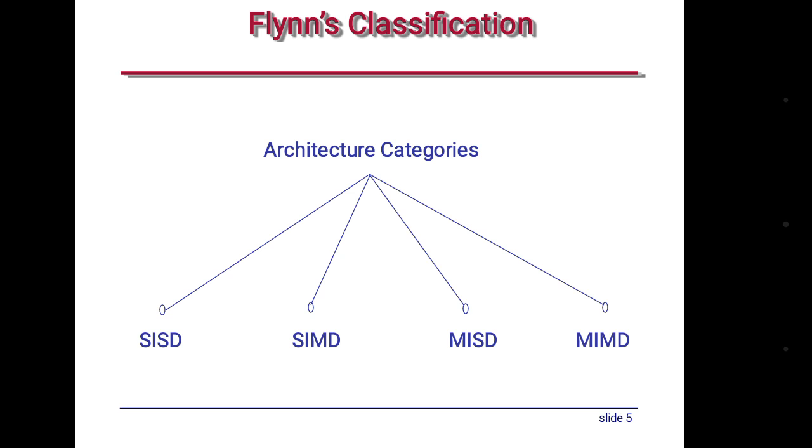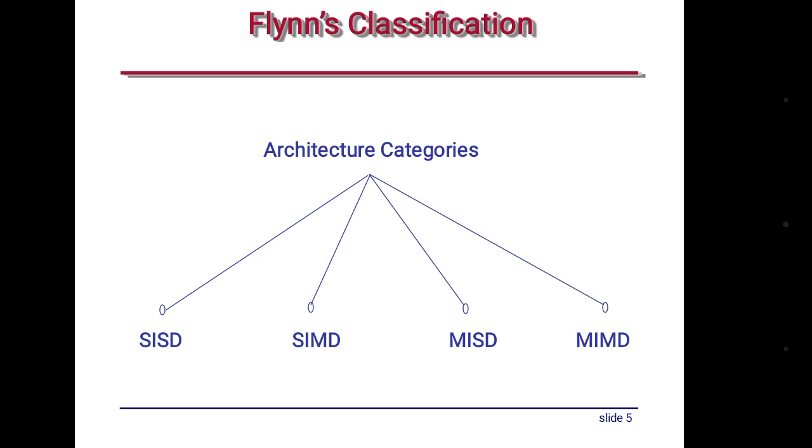According to that, he classified them into 4 categories, as you can see here: single instruction, single data; single instruction, multiple data; multiple instruction, single data; and multiple instruction, multiple data. One by one we will see the concept behind each, and try to understand the core concept.